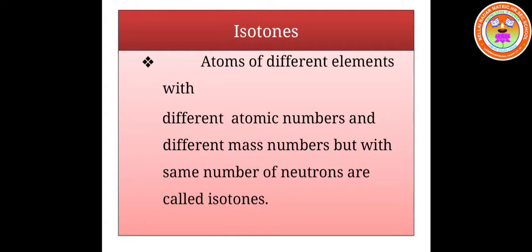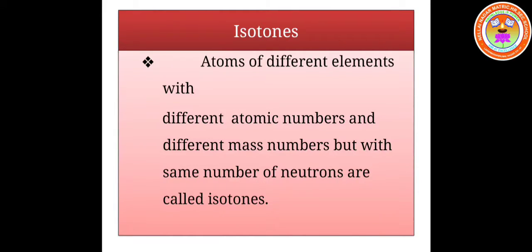Now we are going to learn the definition for isotones. Atoms of different elements with different atomic numbers and different mass numbers but with the same number of neutrons are called isotones. In isotones, N is there, no?